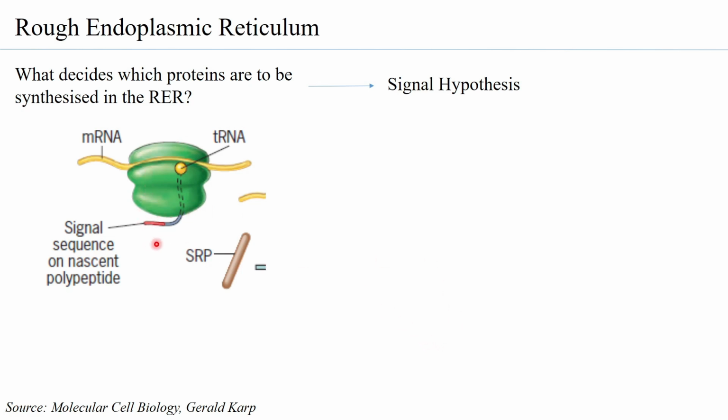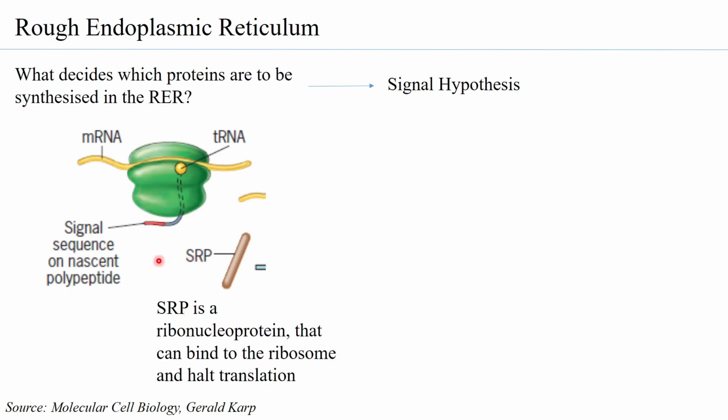The question is answered by the fact that this signal sequence, or signal peptide, is recognized by a protein. In fact, it's not a pure protein, it's a ribonucleoprotein, called the signal recognition particle. The signal recognition particle has RNA and protein, and as a combination of the two, it forms a ribonucleoprotein.